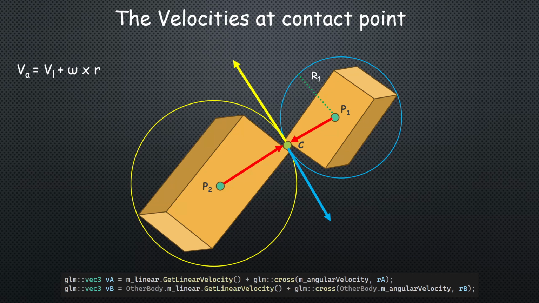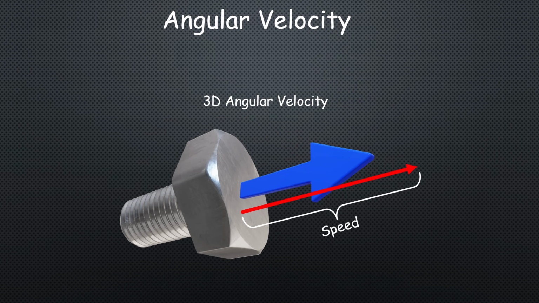The velocities at the contact point are calculated using a cross product between the angular velocity vector and the vector from the center of mass to the contact point. Remember that the angular velocity is a vector which is perpendicular to the surface of rotation.